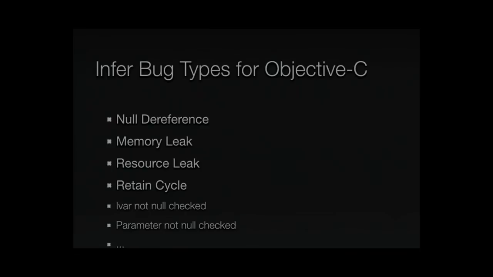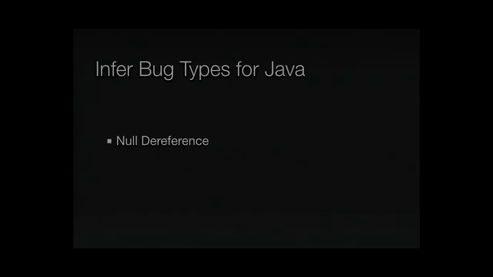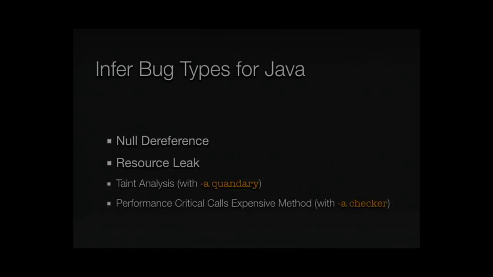And for Java, there's a GC, so we don't care about memory leaks, but we still have another reference on resource leaks. There's a taint analysis, if you're into that. That's an interesting checker that came from some engineers who asked us to do that at Facebook. So this is something where you can annotate some methods as performance critical in your code.